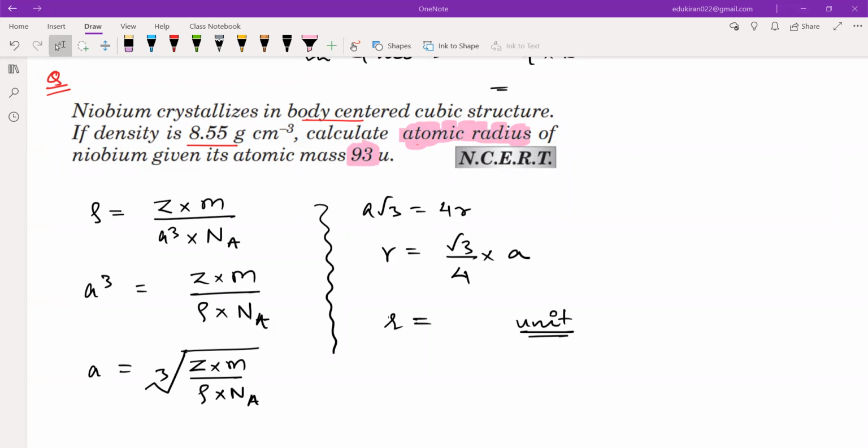Centimeter, right? What's the unit that you are getting? Centimeter. Centimeter? Okay.